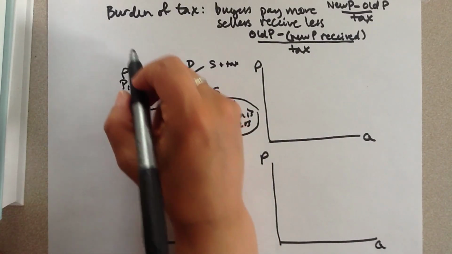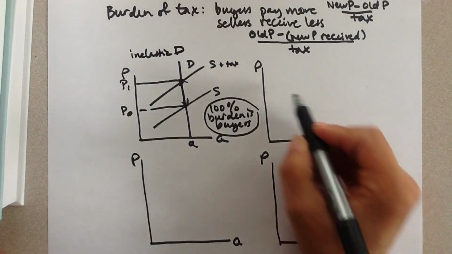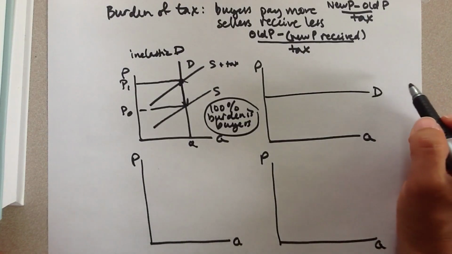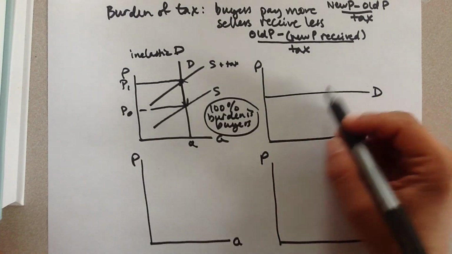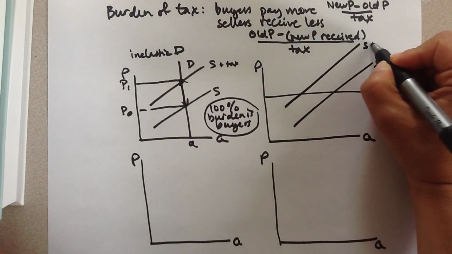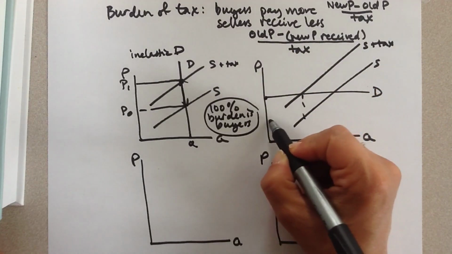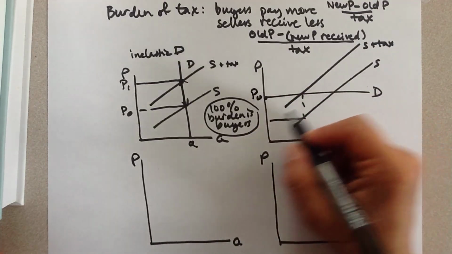This was inelastic demand. If we have elastic demand, the buyers are really flexible and will buy a lot at this price, but if the price changes a little bit, they're not going to buy anything. In that case, this is our original price.